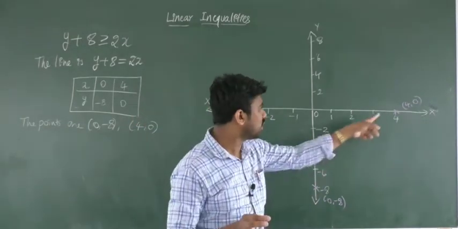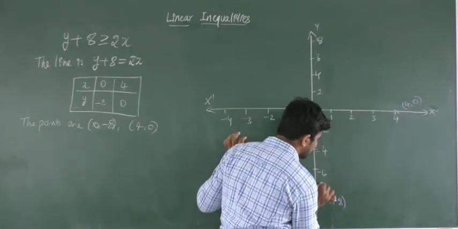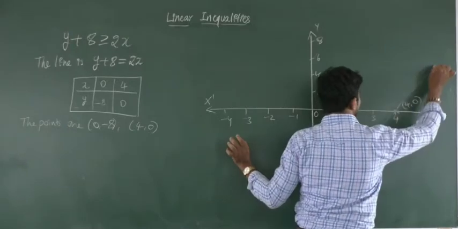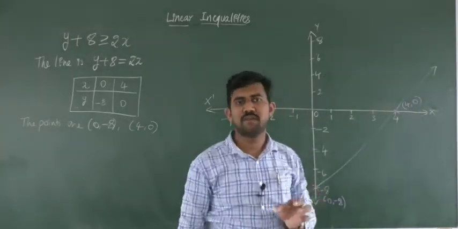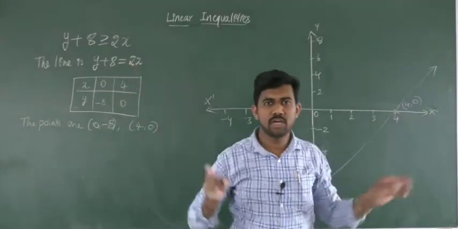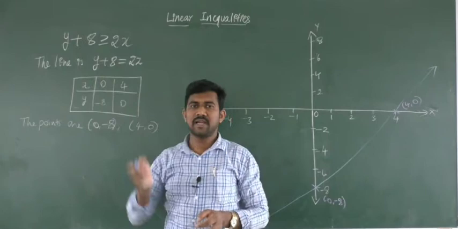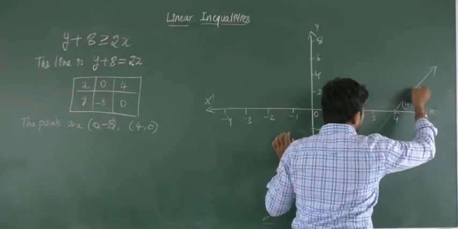So join the points by a thick line, because the points on the line also satisfy the given inequation, which are also the solution of the given inequation. The points on the line are also the solution of the given inequality. So that's why draw the thick line here.